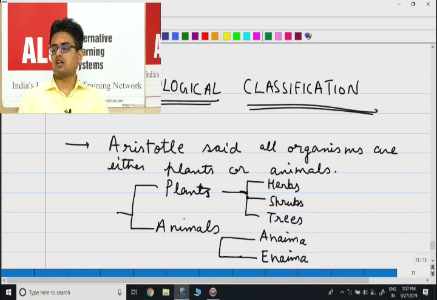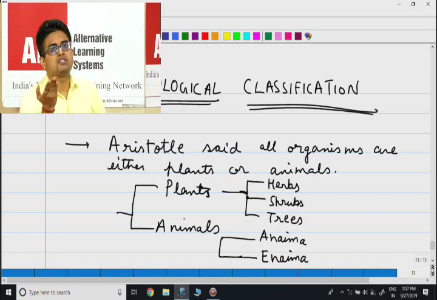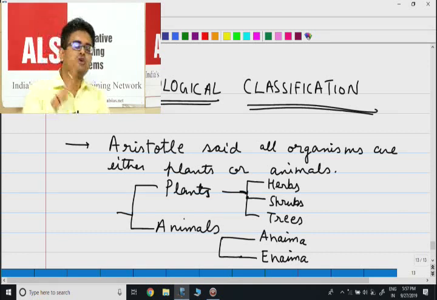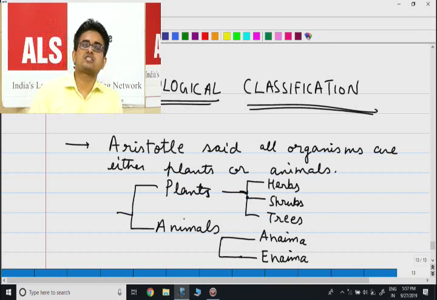Aristotle's attempt at classification is considered to be the first scientific system of classification. Now you must ask me, what is scientific system of classification? Look, scientific system of classification means that you choose a criteria, and that criteria is not based upon whether that thing is useful to you or harmful to you. You just choose a neutral criteria to classify organisms. This is called scientific basis of classification.